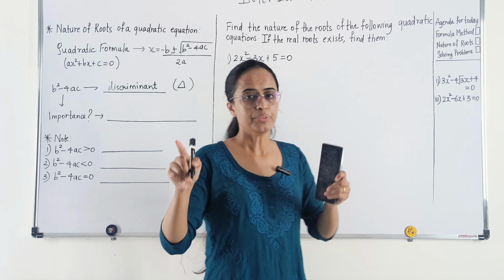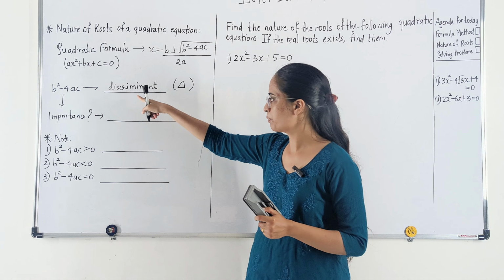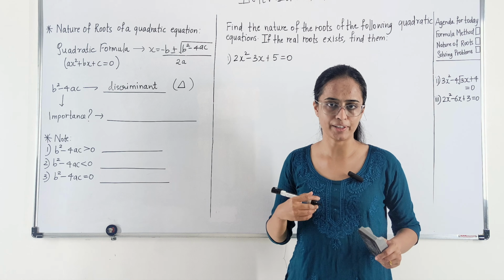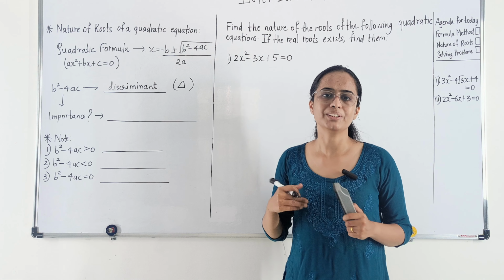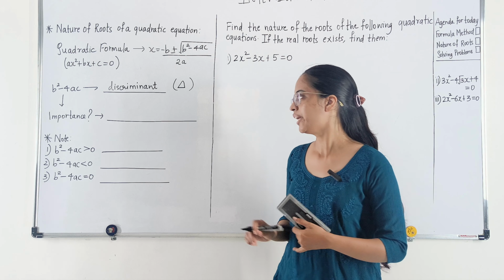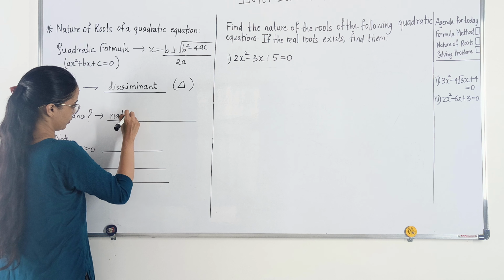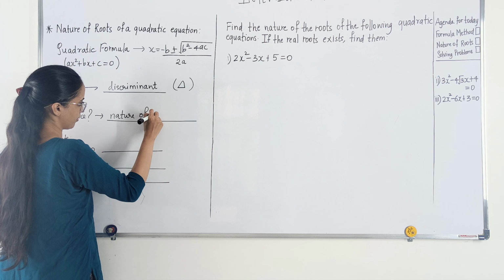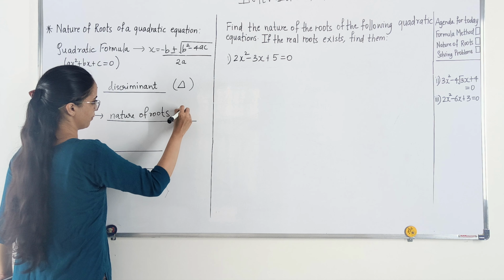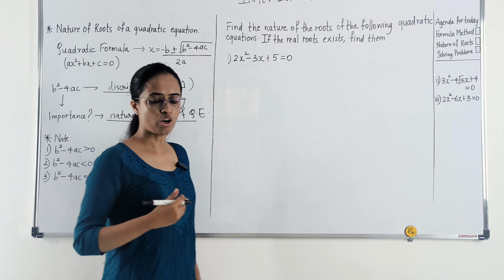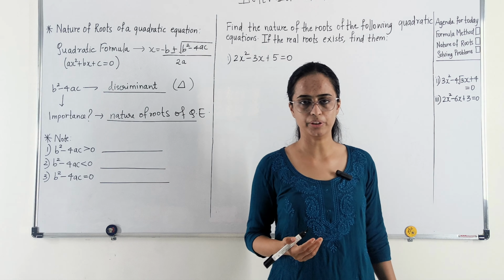Now, as I told you, the purpose of discriminant, or the importance of calculating the value for the discriminant, which is b square minus 4ac, is that it helps you to get the nature of the roots of a quadratic equation.